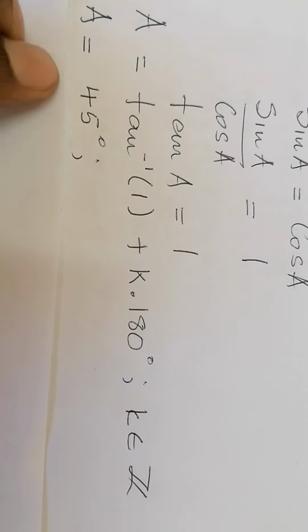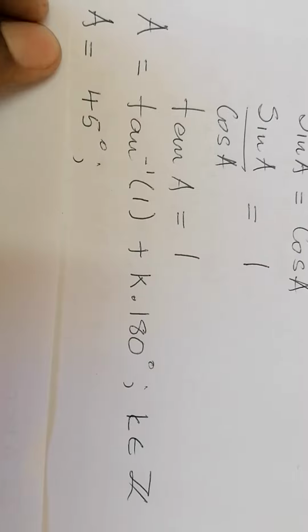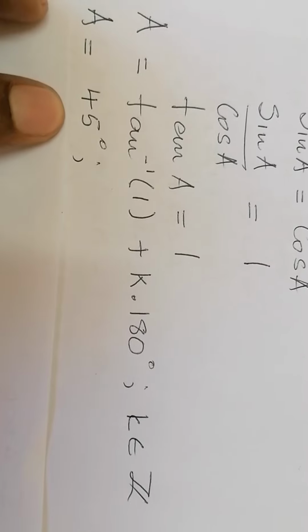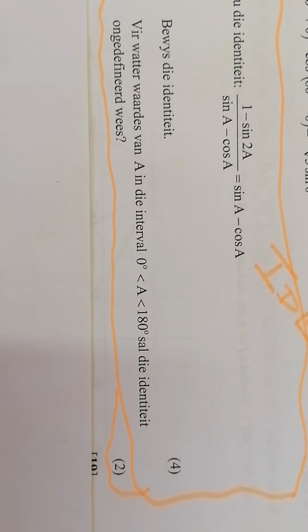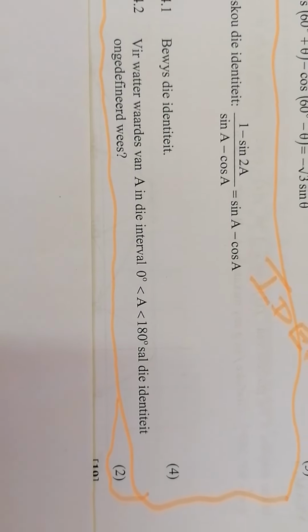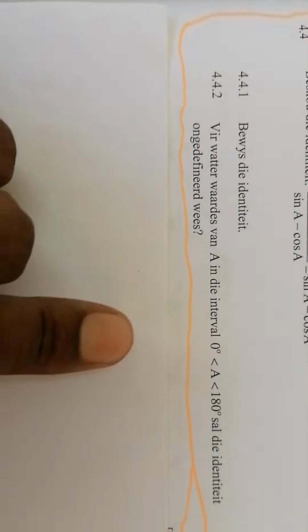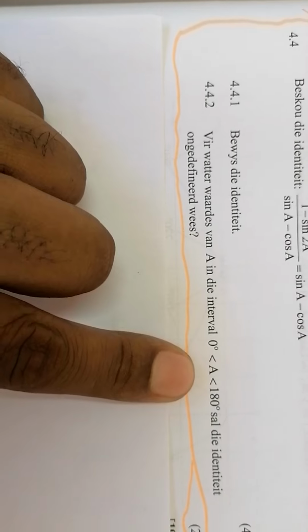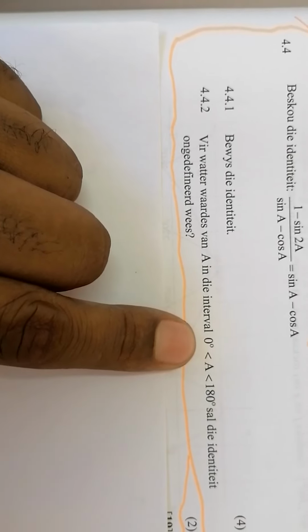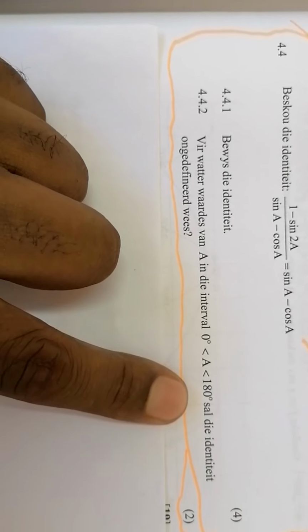But now I'm looking for the values of A which will make this identity undefined. And remember the restriction: A must be in the interval 0 degrees to 180 degrees.